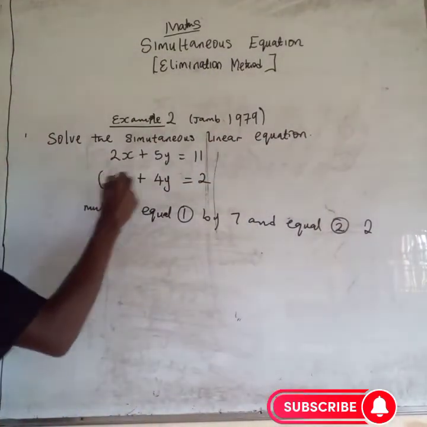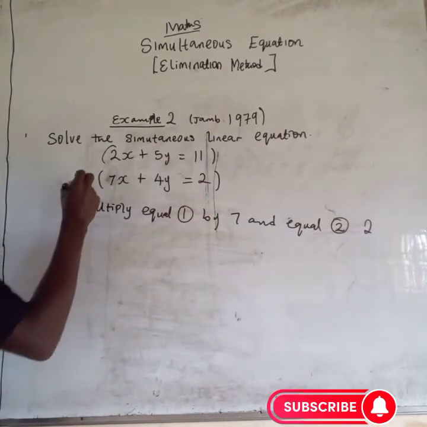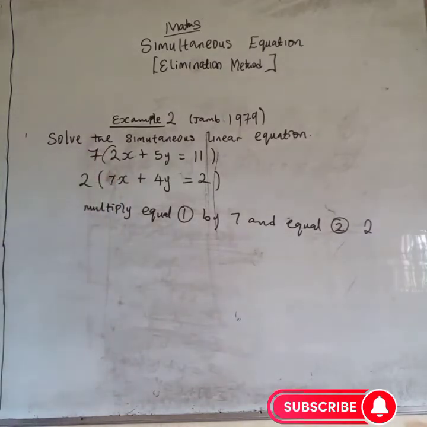So 7 multiplied by this equation and 2 multiplied by this equation. This only happens when they are odd and even numbers. Are you getting it?